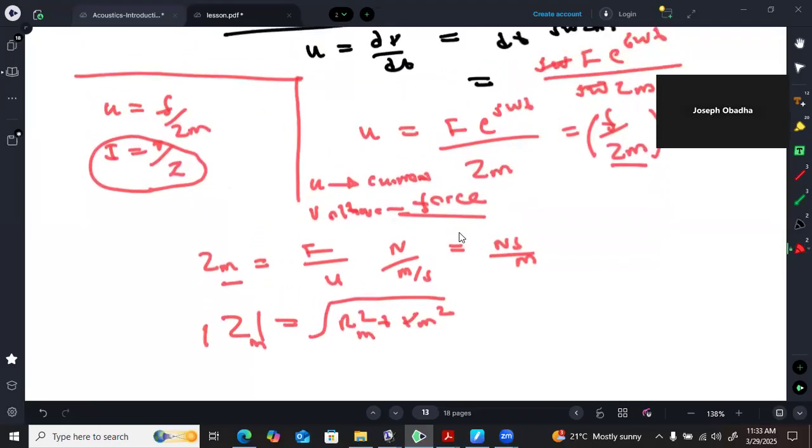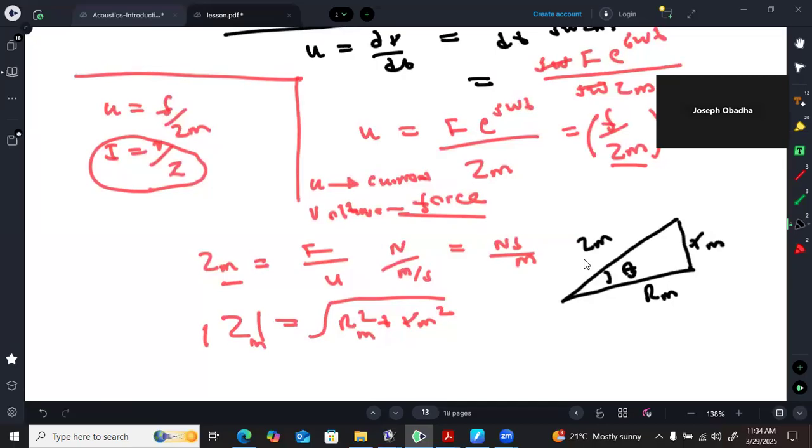Remember the impedance triangle: you have the three sides Rm, Xm, Zm, and this angle theta.